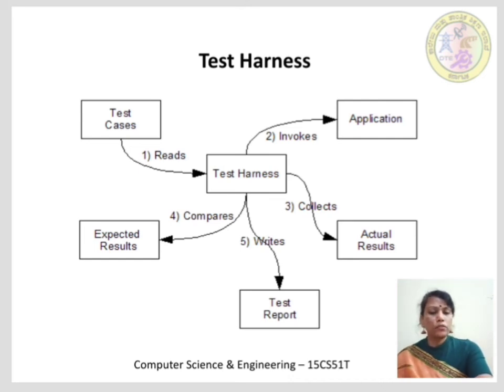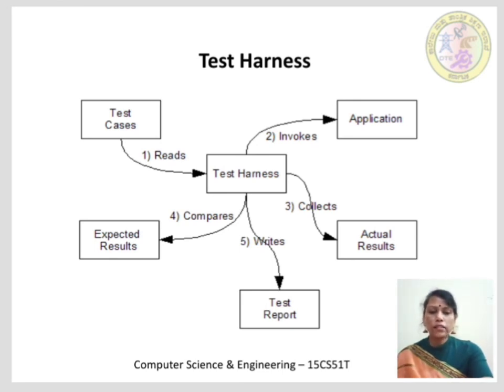As shown in this figure, Test Harness is a collection of software, test drivers, test data, and other supporting tools which are constructed to test an application by executing it under different environments and analyzing its results by comparing actual results with the expected results.